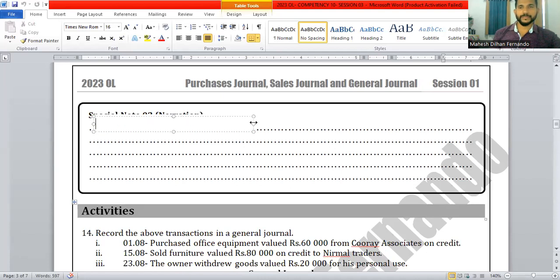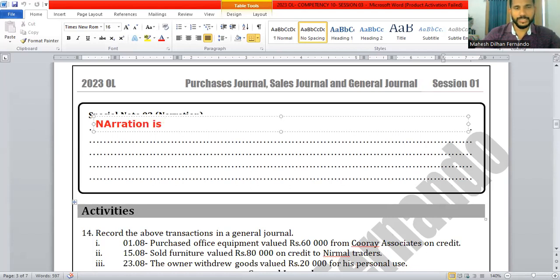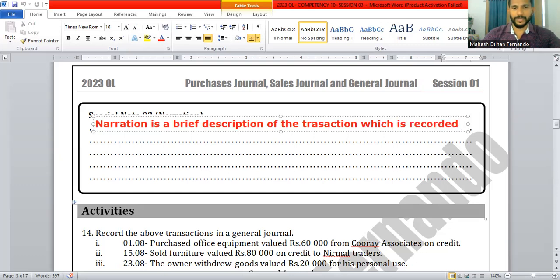Narration is a brief description of the transaction which is recorded in the general journal.